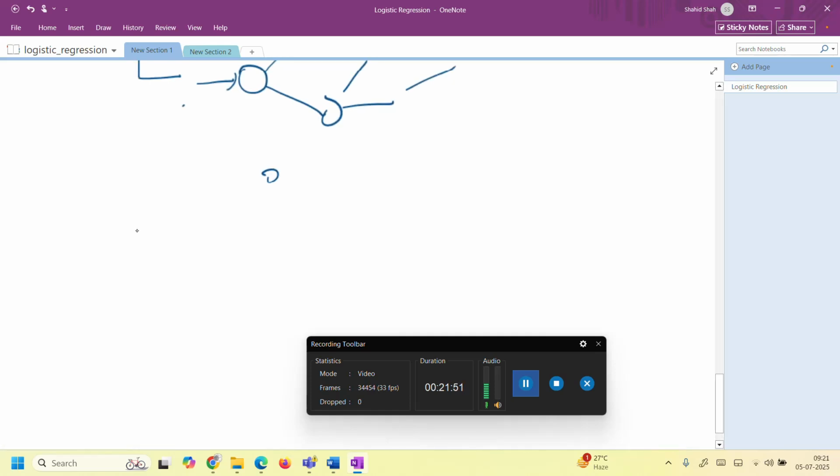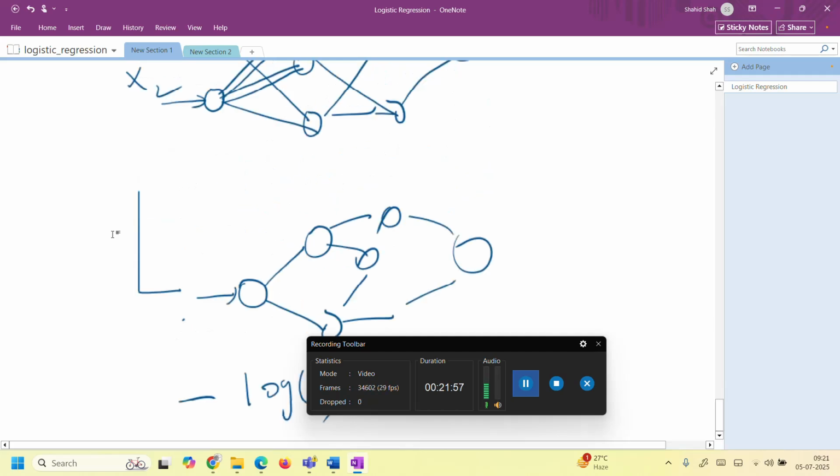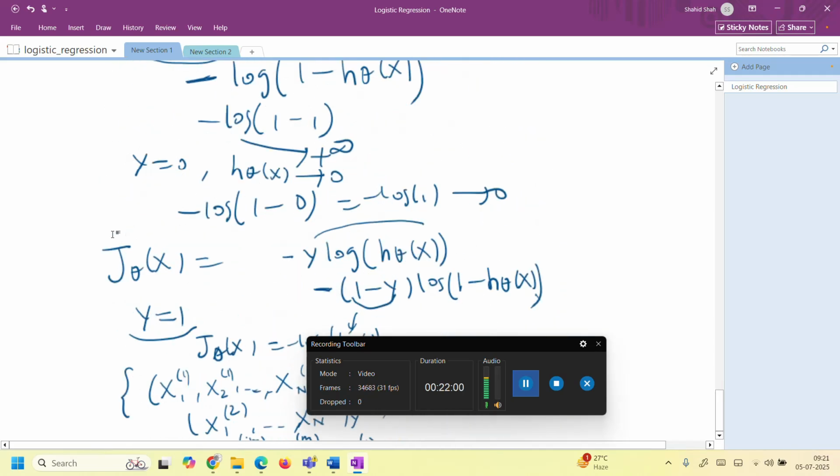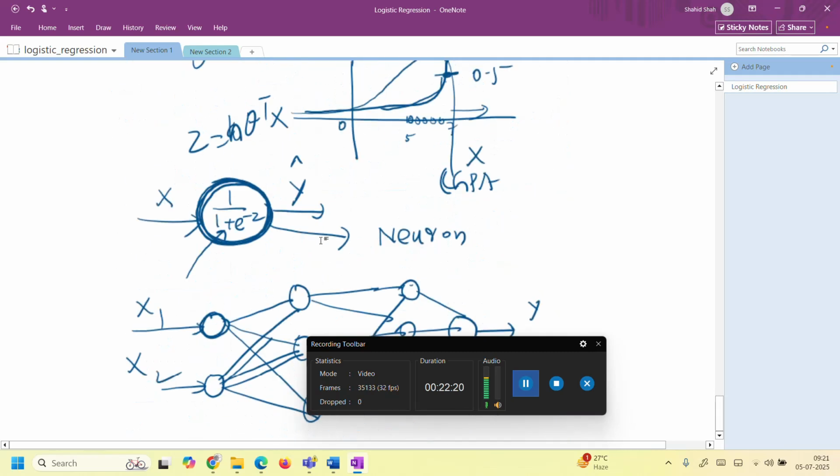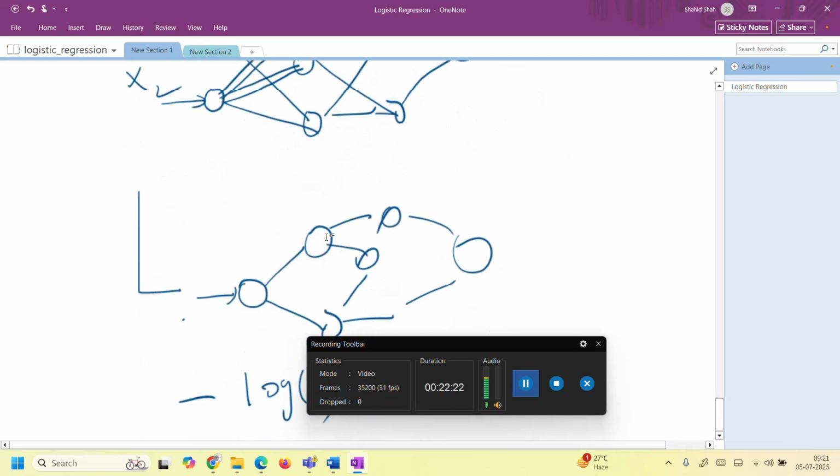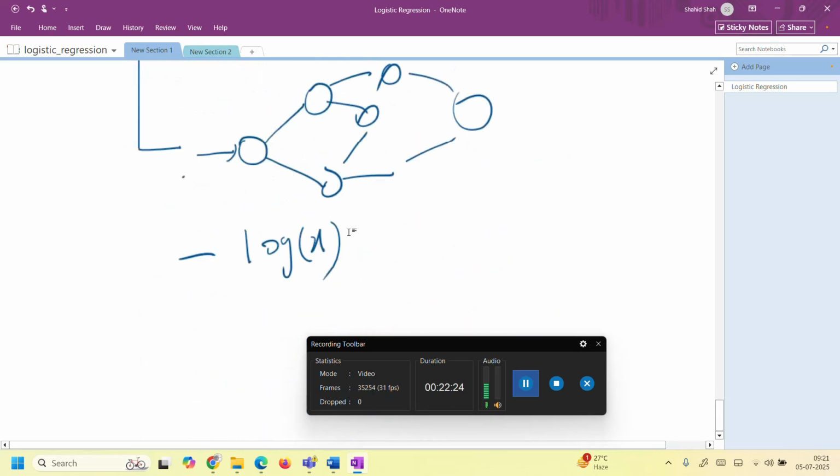You see, log of x is a concave function, so minus log of x is a convex function. So if we look at this, there is a minus log of x term here and a minus log of x term here, so two convex functions are there, so it is a convex function. So the cost function of logistic regression in this form is a convex function.